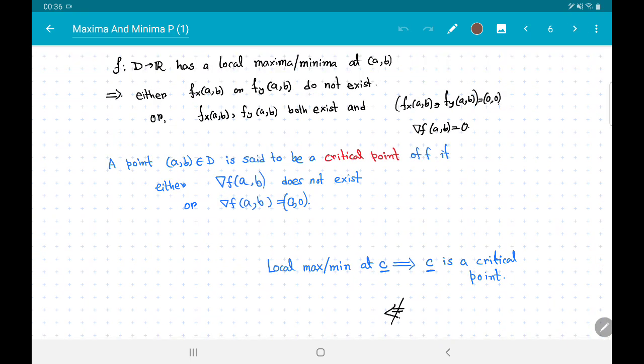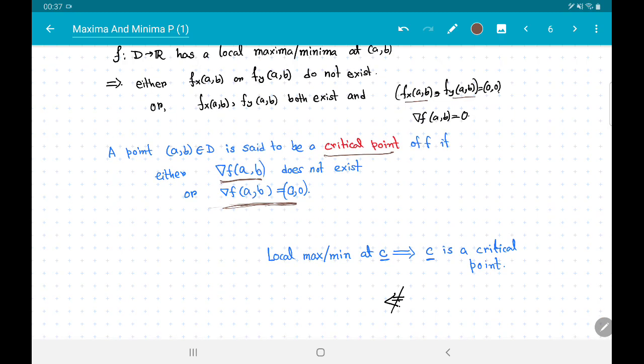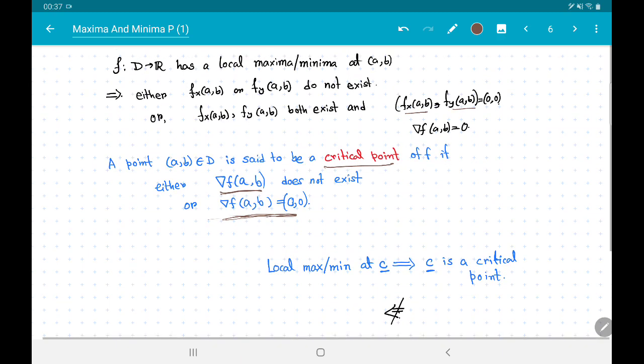A point (a, b) in D is said to be a critical point if either the gradient of f at the point (a, b) does not exist, so at least one of the partial derivatives does not exist, or the gradient is the zero vector. So remember, either one of the partial derivatives does not exist or the gradient is the zero vector. Such points are called critical points.